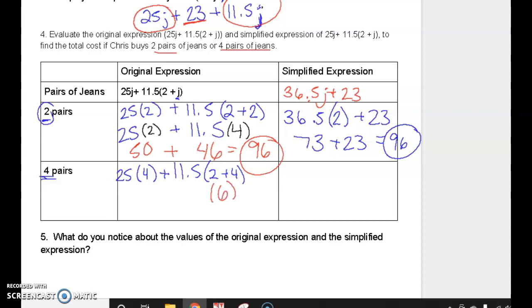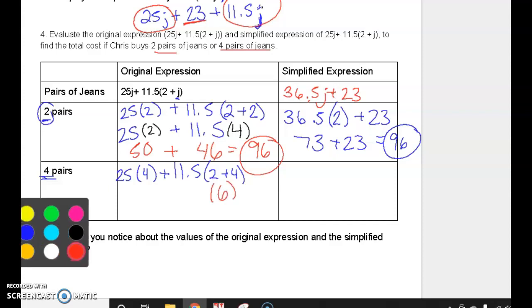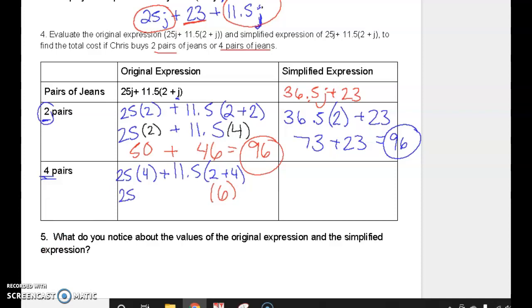My bad, guys, this is 6. And I'm going to bring down the rest of this equation. Now we're going to get that multiplication. 25 times 4 is 100. Plus, now let me see, 11.5 times 6. I've got to grab my calculator.